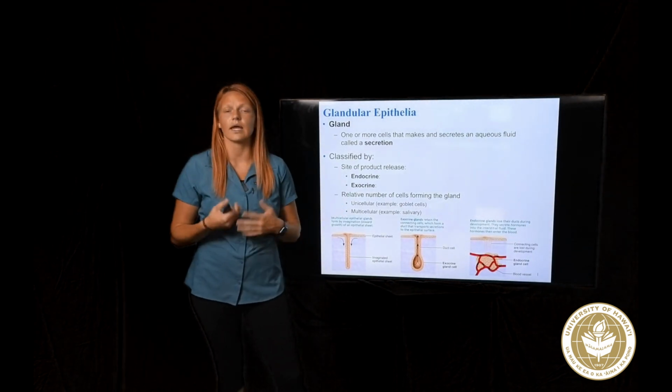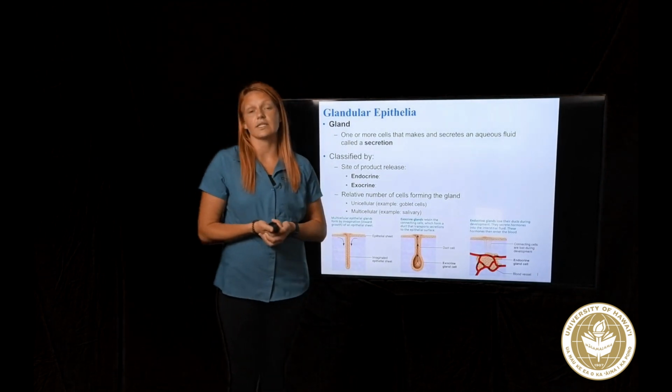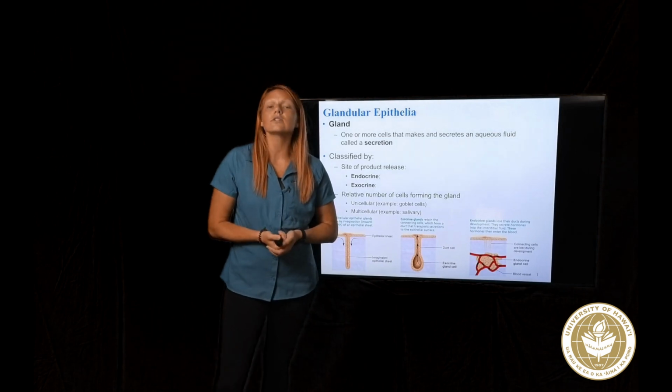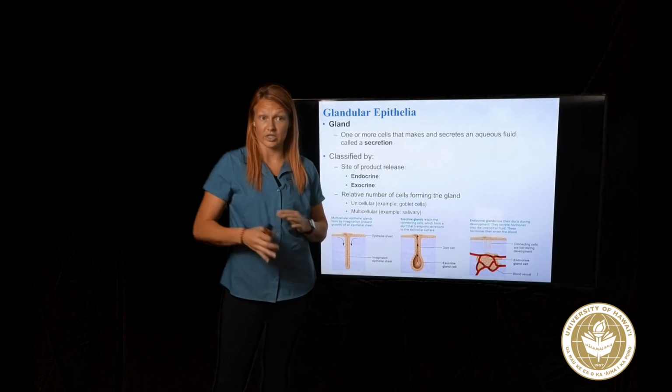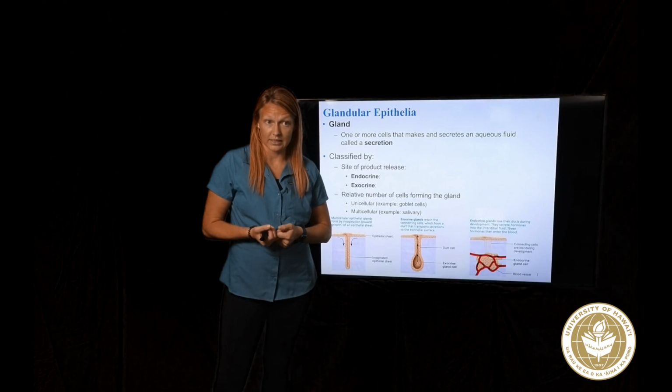We also have exocrine glands. And exo means out, right? So these are going to be externally secreting. So think of things like sweat. So with exocrine glands, the secretions are released onto our body surfaces, such as our skin, or into body cavities.